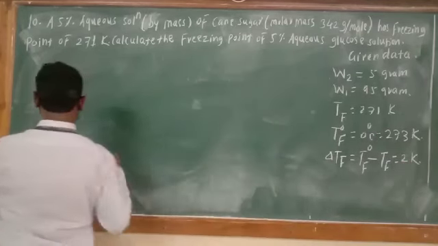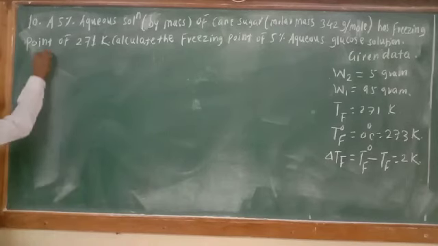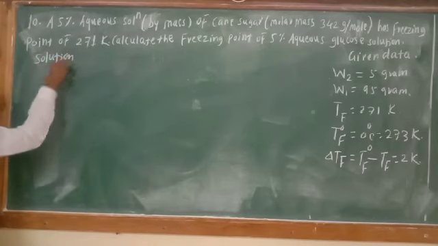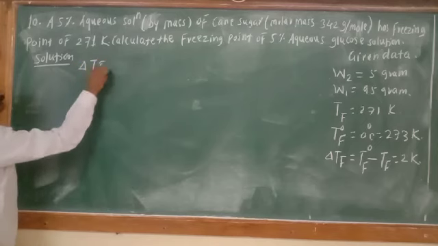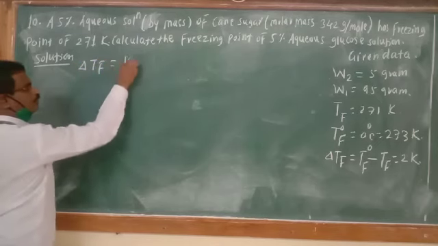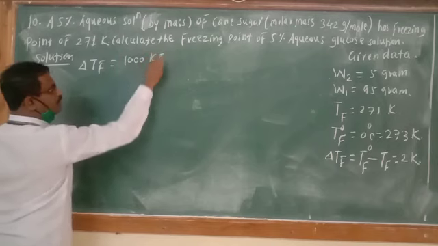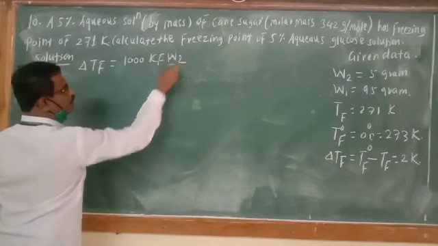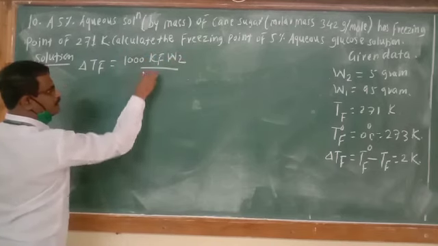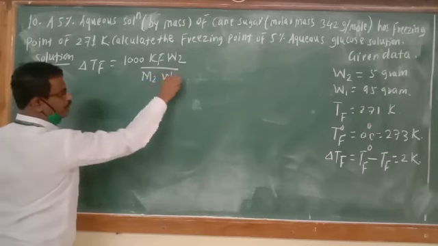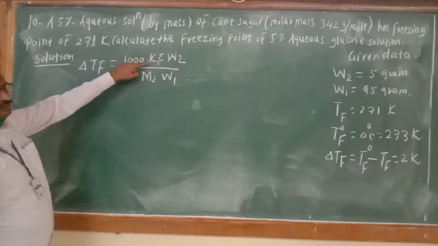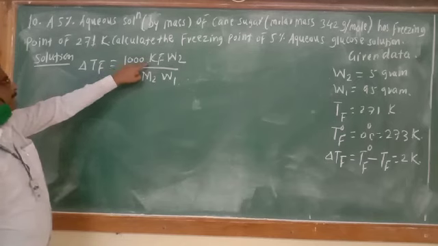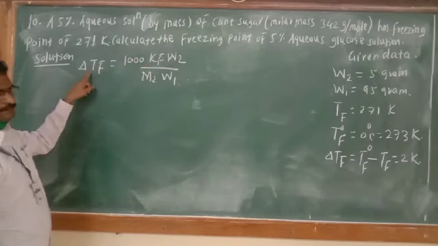Now we know this formula. Delta TF will be equal to 1000 Kf W2 divided by M2 W1. So Kf we have to calculate. Delta Tf we know it is 2.